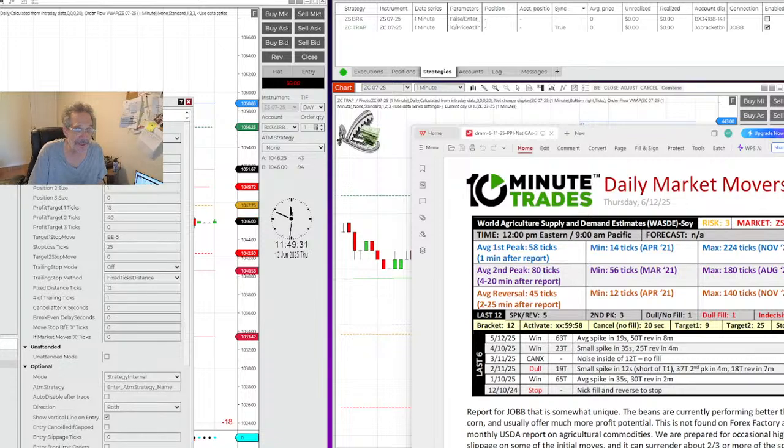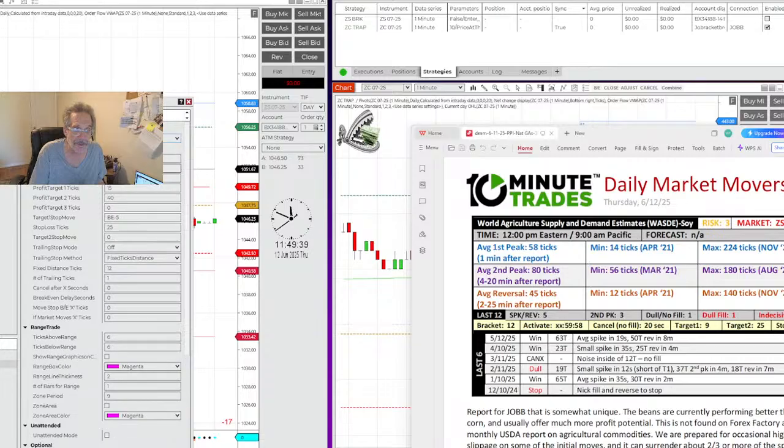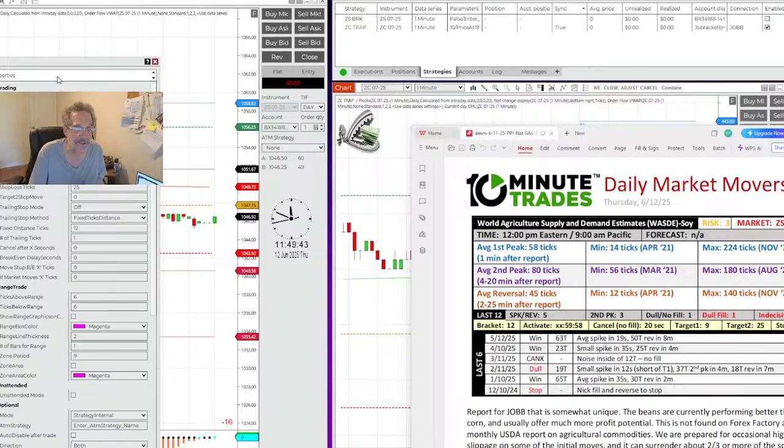on soybeans also. Right click the chart, click strategy, click news trader, reverse continue. One position, it's $12.50 a tick for soybeans, just like the S&P. And we'll go for 20 ticks with a 20 stop.